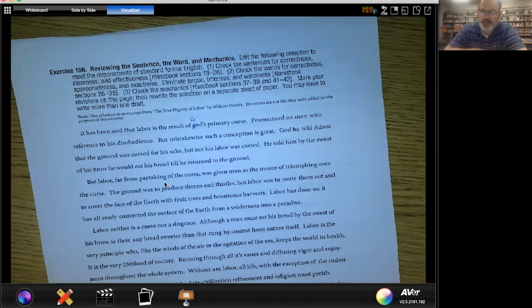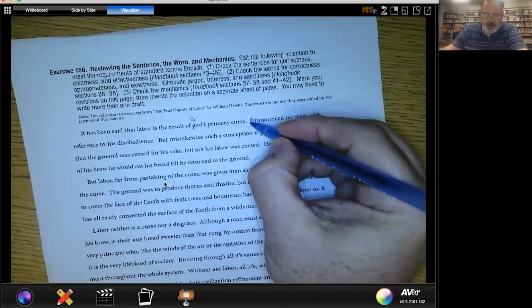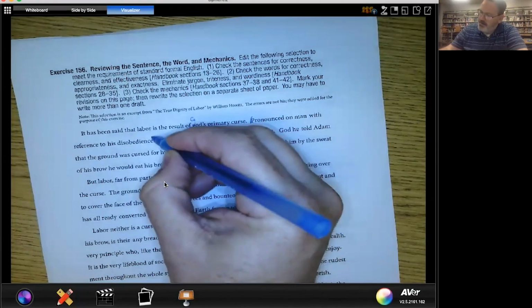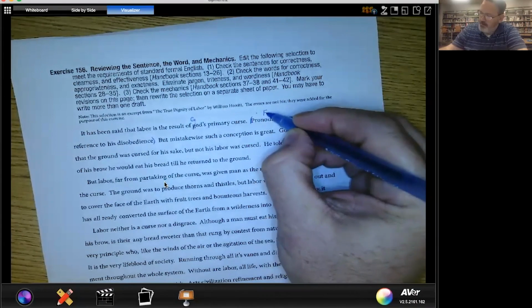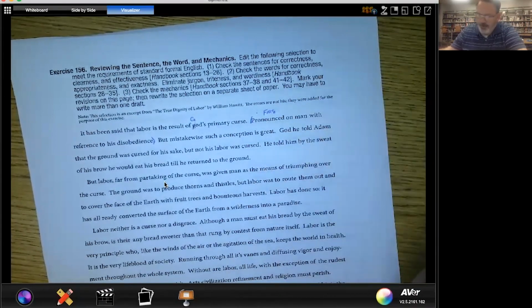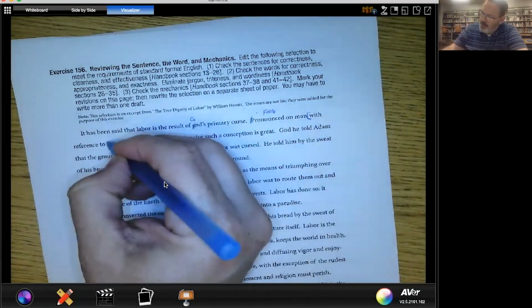Well, that's not a sentence, is it? No. So let's take the entire sentence fragment and write fragment, okay? And then with reference to is wordy.